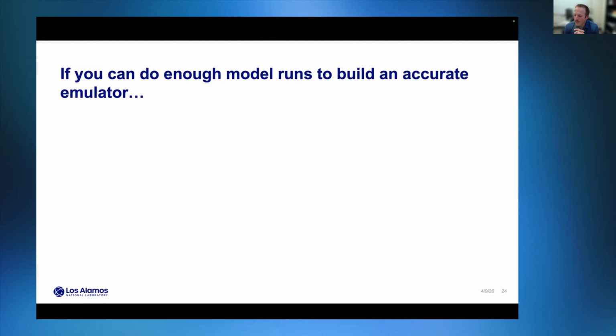And what I'm going to say is that a key approach here is to use the model runs to build an emulator, or a statistical surrogate model, a fast statistical surrogate model that you could then arbitrarily predict at new settings or interpolate between your model runs.